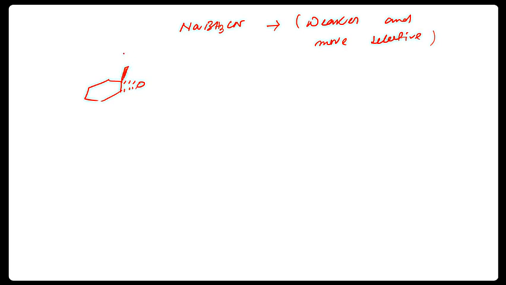If you have these things, now you have used first BF3. When BF3 is used, you have to use the corresponding adapt one. I cannot discuss that in much detail here. So what BF3 does is that it activates these epoxides.